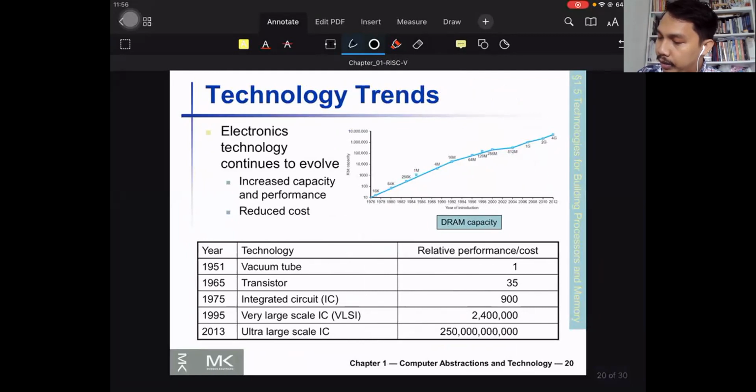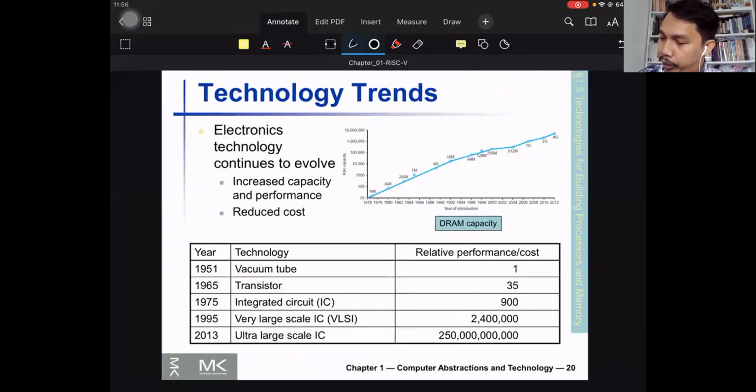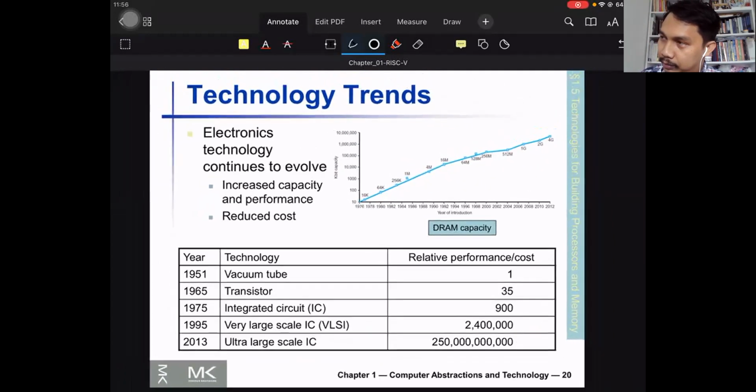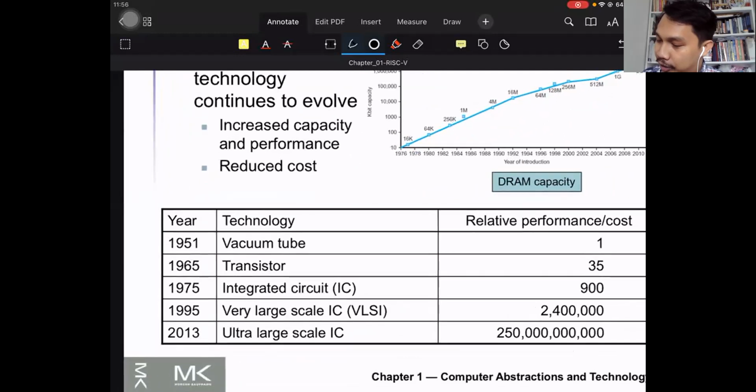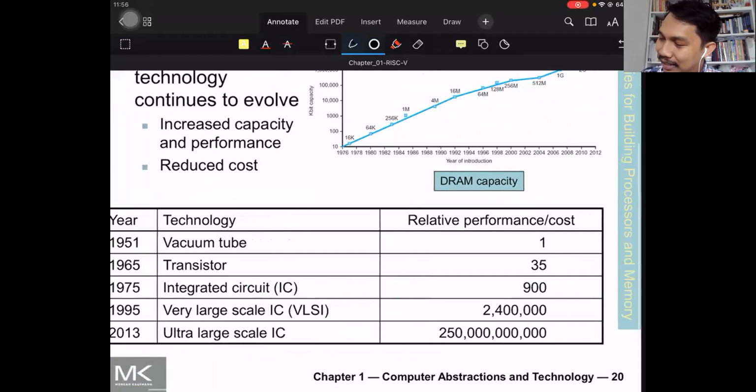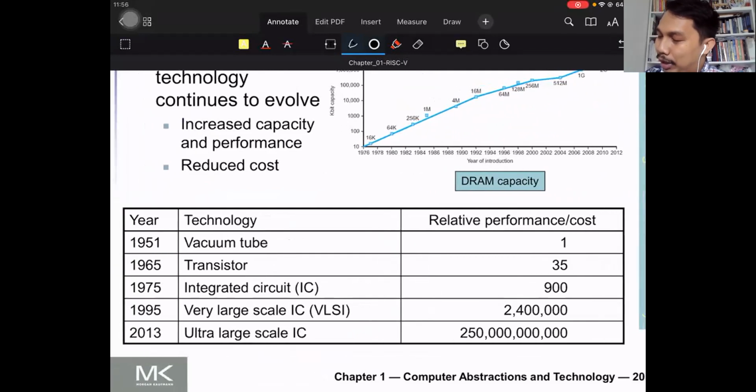On technology trend, the main point is that 8 years ago, in 2013, the computing capability against the cost of integrated circuits was 250 billion times that of the vacuum tube in 1951.